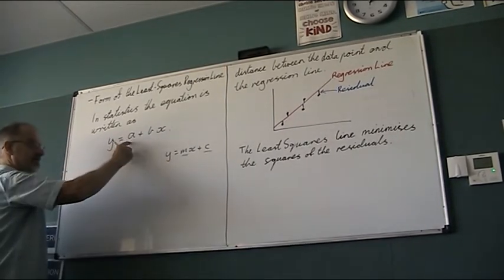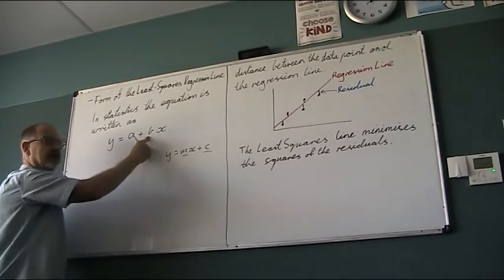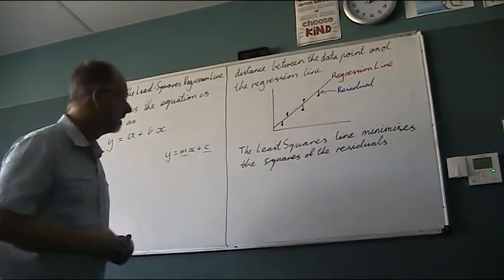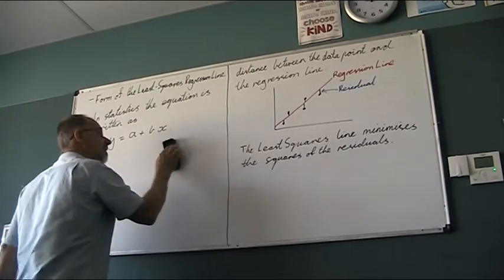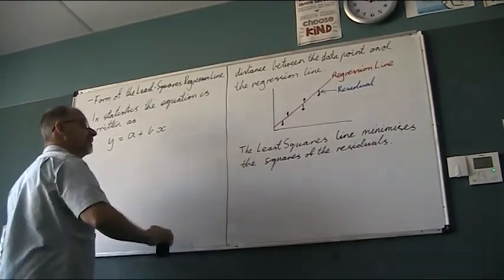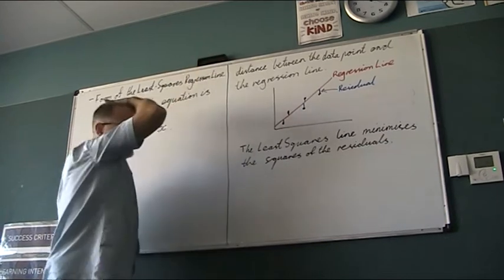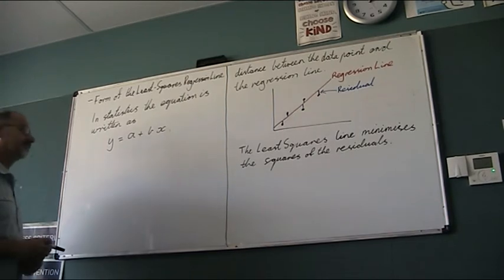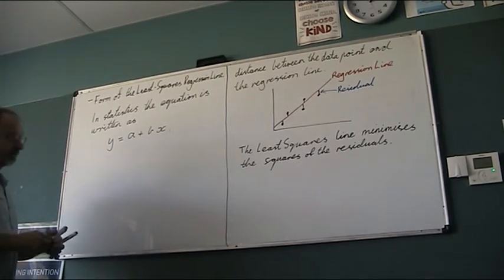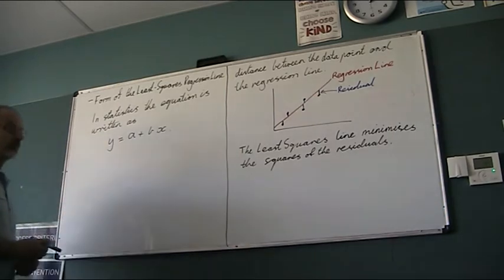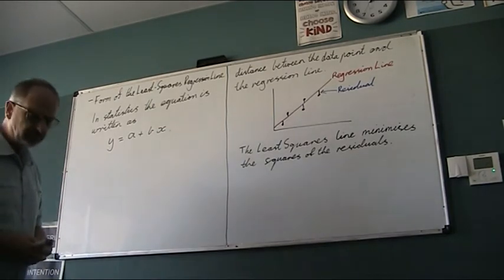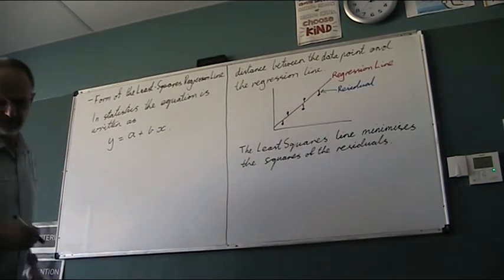Statisticians decide to put the y-intercept first and call it a, and then put the gradient here and call it b. This course is based on statistics and how it's done in statistics, so you have to look at it like that. Just so that it's confusing, the default on your calculator has it different to that. But not to worry, we can deal with that.